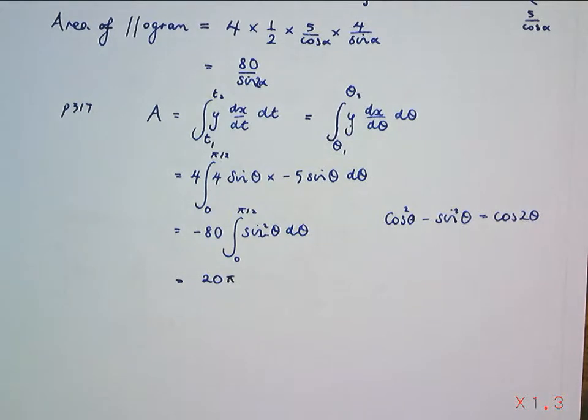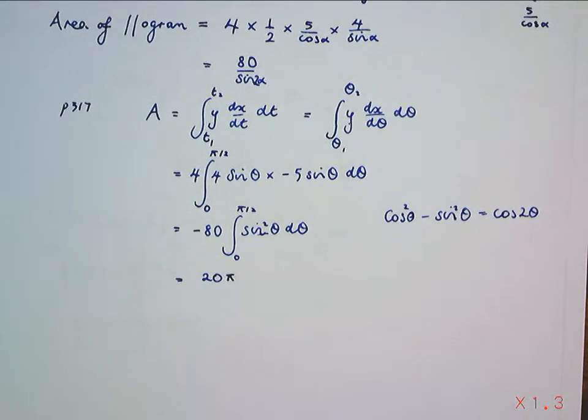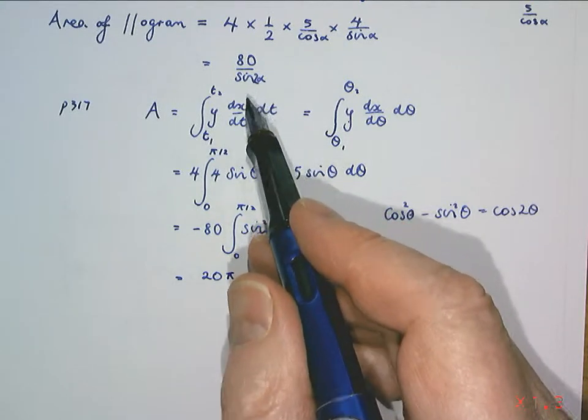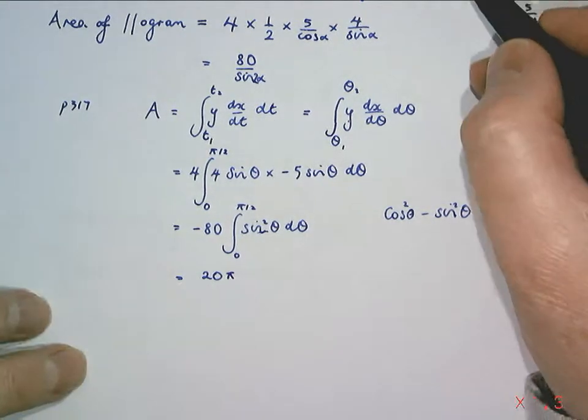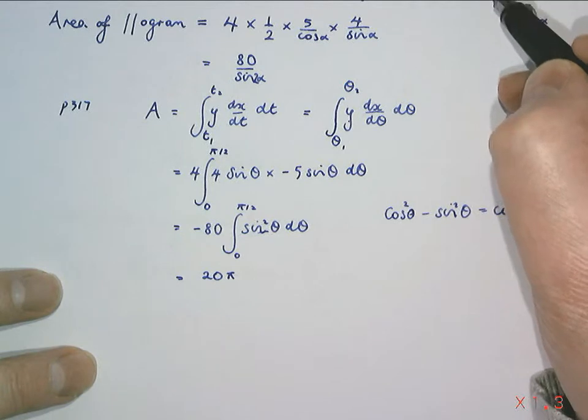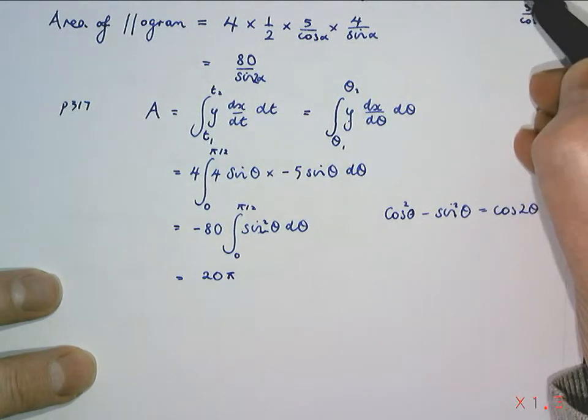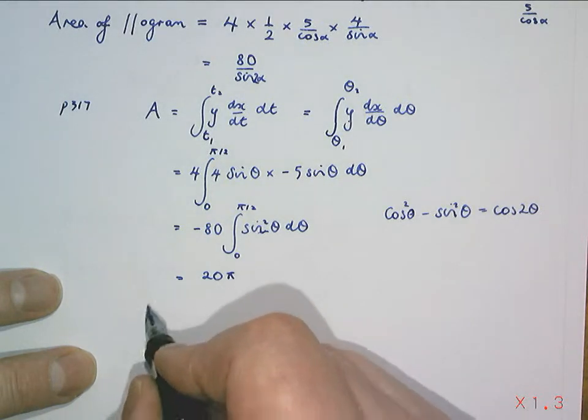So the difference between these two, 20 pi and 80 over sine 2 alpha, will be the area enclosed between the ellipse and the parallelogram. So it will be this area 4 times. So this is the area.